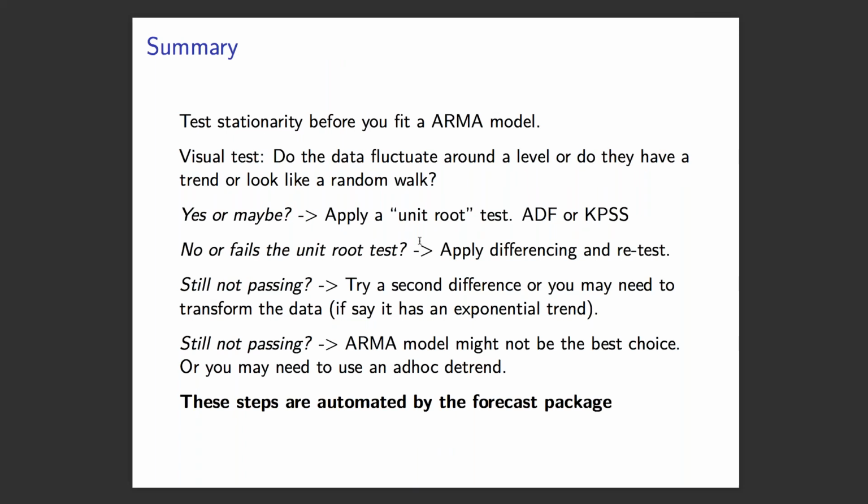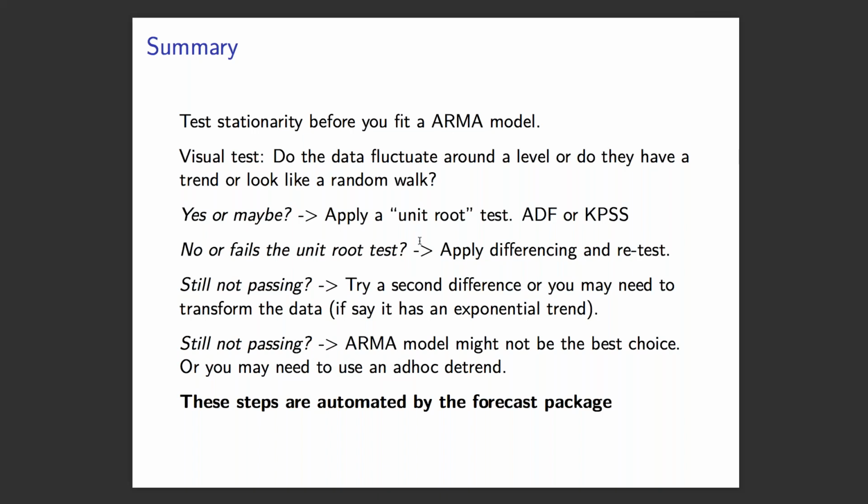Okay, summary. Looking at your data and thinking about stationarity in your data. Always the first step, plot your data out and just get a feel. Does it have trends in it? Does it look like a random walk? Next thing, apply unit root tests, and these are the 2 tests.